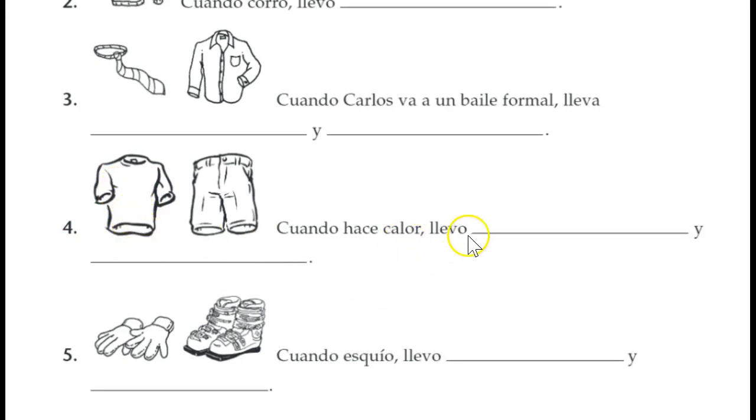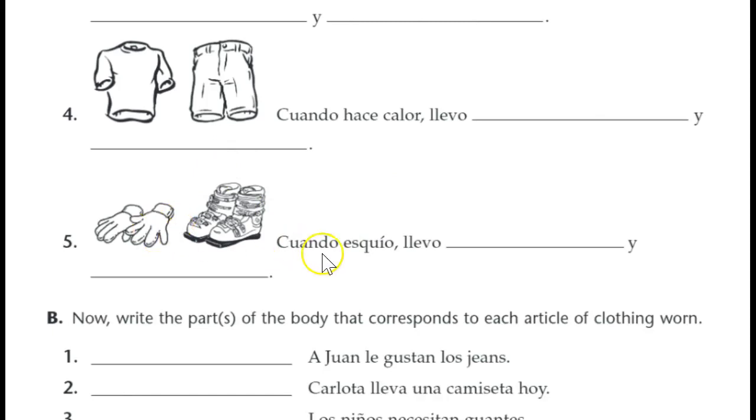Cuando hace calor, llevo. When it's hot out, I wear a t-shirt and shorts, right? Una camiseta y pantalones cortos. Pantalones cortos, right? Shorts. Cinco, cuando esquío, when I'm skiing. Llevo guantes y botas, right? Gloves and boots.